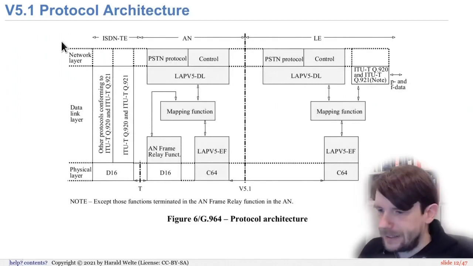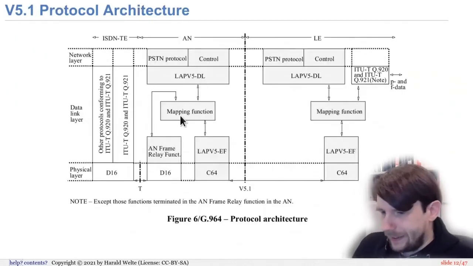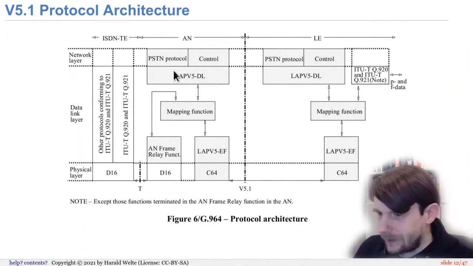If we look at the protocol architecture, we have a couple of different protocols involved here. I don't have a protocol stack drawing here, but we can look at this small part of the diagram.